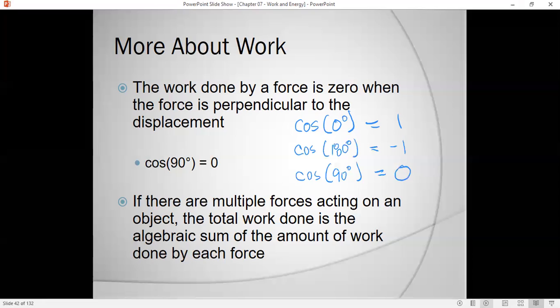What that means is the work done by a force that is perpendicular is always going to be zero. That means if you've got a diagram like this where you have the force up here, the velocity over here, and making a 90-degree angle, work is zero in that case. And that's important because if you think about it, it makes sense.